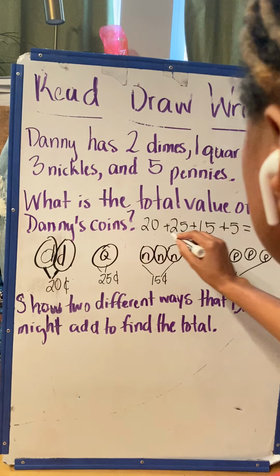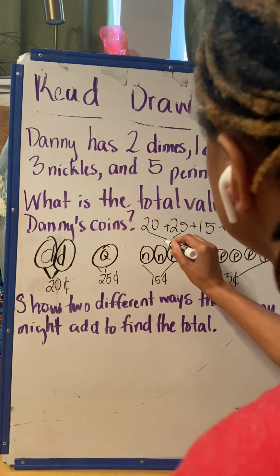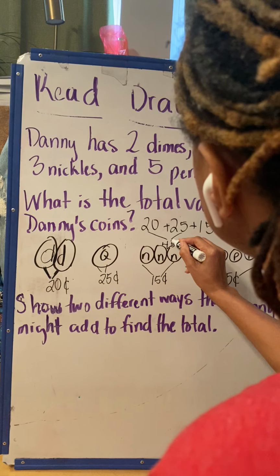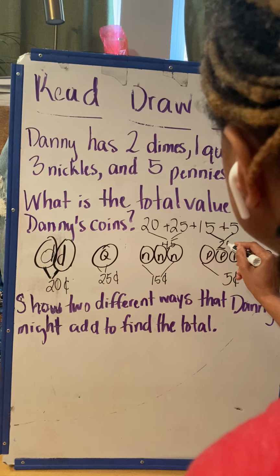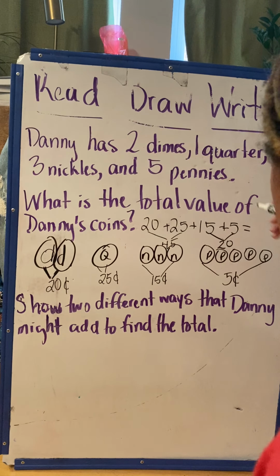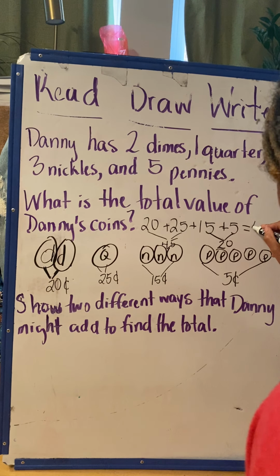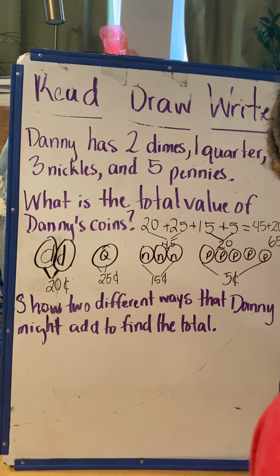So I know that I can do this mentally. 20 plus 25 will give me what? 45. 15 plus 5 will give me 20. So now, all I will have to do is add 45 plus 20. I'm going to put that here. And that gives me a total of 65 cents.